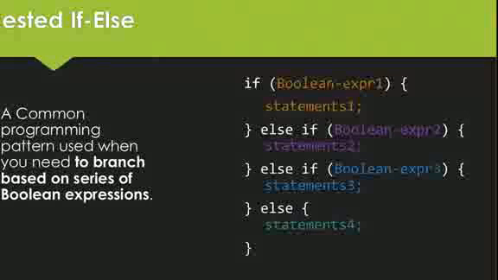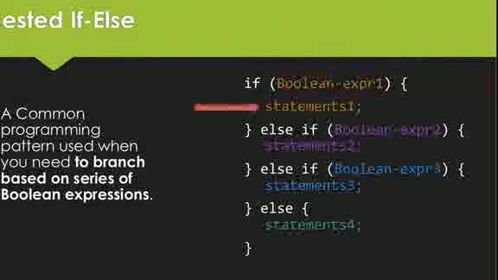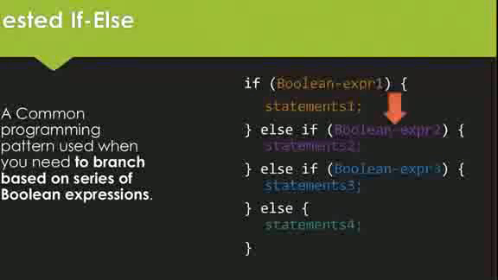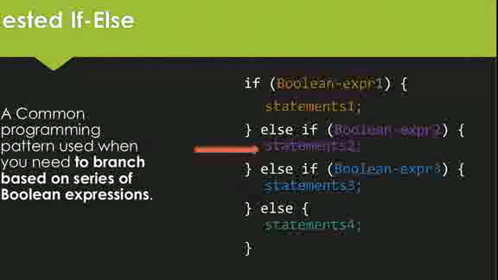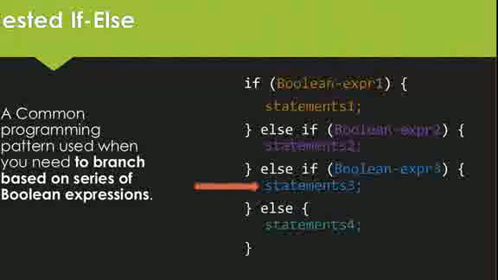So for example, in the code on the right, I might test this expression, and if it were true, I might execute this statement. If that particular expression were false, I would then test this expression, and if it were true, I would execute this statement. However, if expression 2 were false, I would then test this expression, and if it were true, execute this statement.